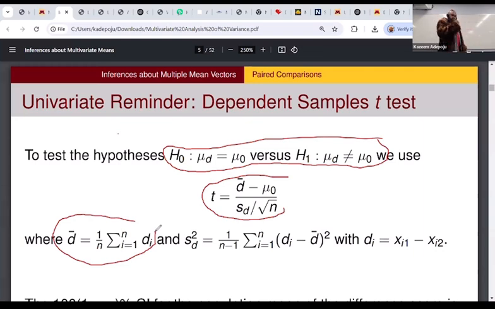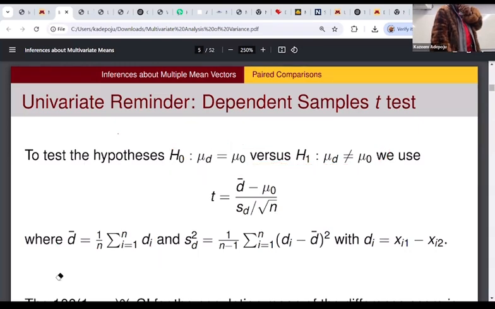And for each subject you find the average. The average is the D bar. And you find the standard deviation of the difference. That's what you see here. This is what the t-test for the univariate case looks like.